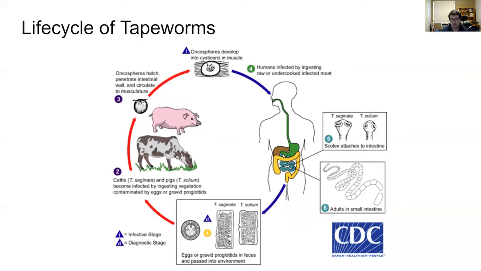And then it produces eggs, which are then spread back into the environment through the feces of the human. And eventually they make their way back into vegetation that enables them to be picked up by livestock animals. And so we have one horrific example. Kind of doesn't make you want to eat bacon, does it?